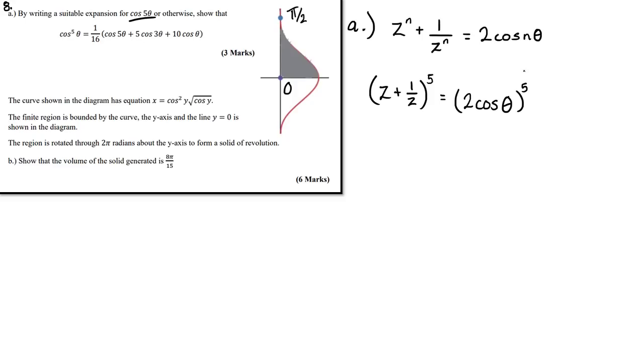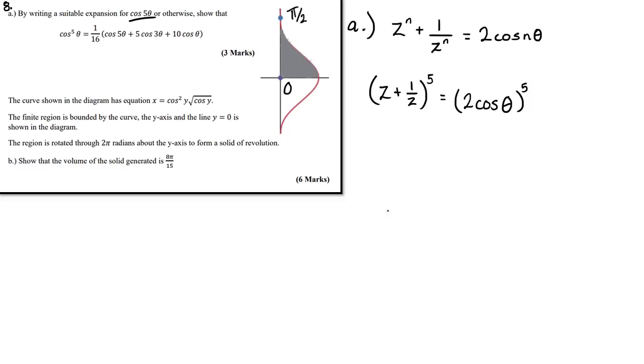Now it's up to you how you expand this left-hand side. I would just recommend using binomial expansion. That's how I do it here. Some people's calculators can do stuff like this, and if your calculator does it, that's fine as well. I'm not going to go into how to do this, just to save time.